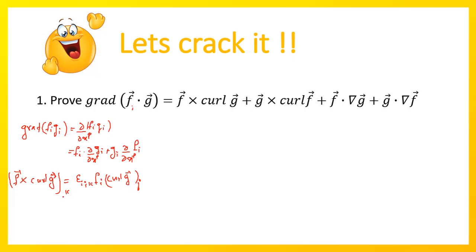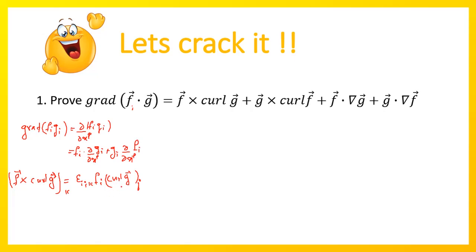Here the kth component of f cross curl g can be written as Levi-Civita symbol ijk fi into the next function j. Now it is in the direction ek. We can drop ek in terms of Einstein notation. Now we have to look into the curl g.